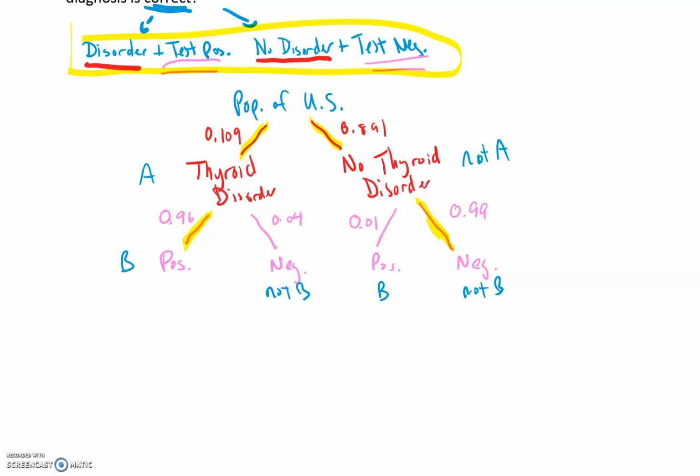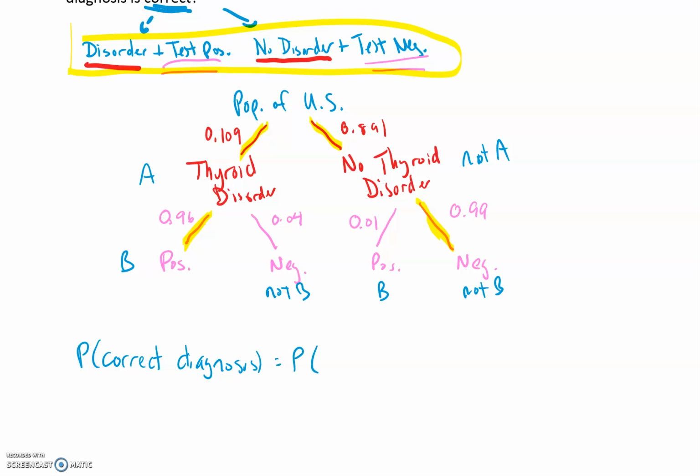So what we're doing here is I'm just going to rewrite this. We said the probability of getting a correct diagnosis is two possible paths.